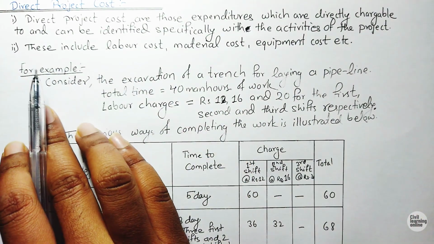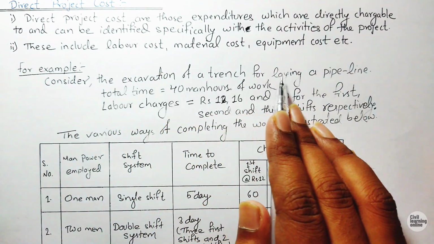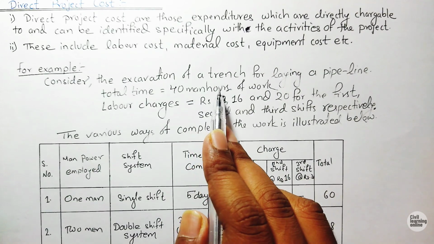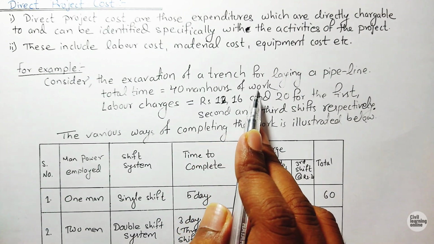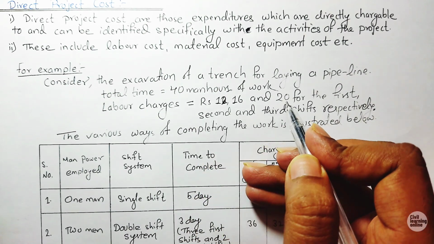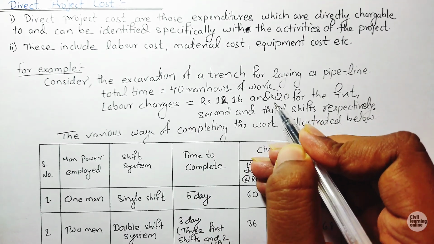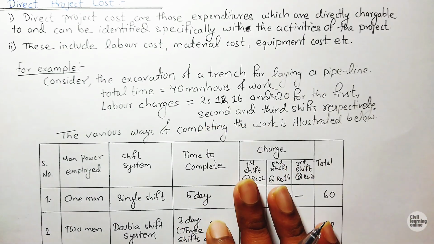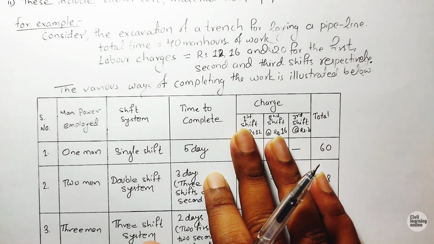Here is an example: consider the excavation of a trench for laying a pipeline. Total time was considered as 40 man hours of work. Labor charges are Rs 12, Rs 16 and Rs 20, just as an example, for the first, second and third shift respectively. See here how the direct cost increases with time.